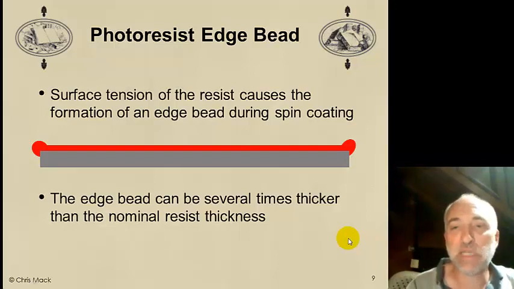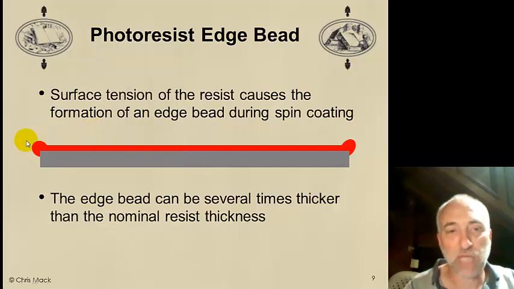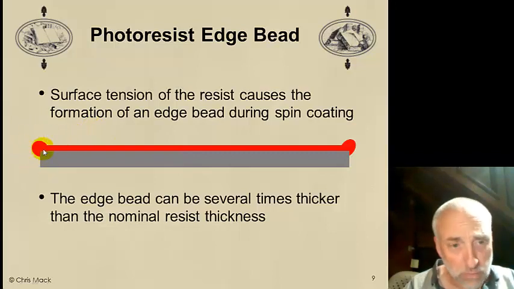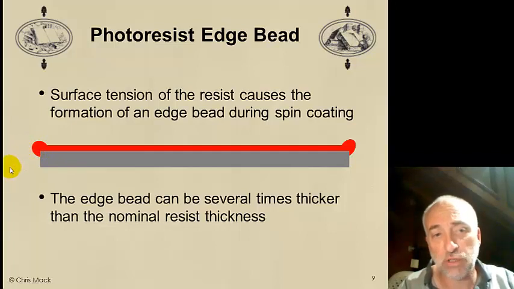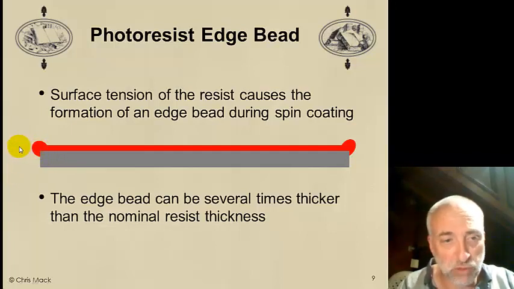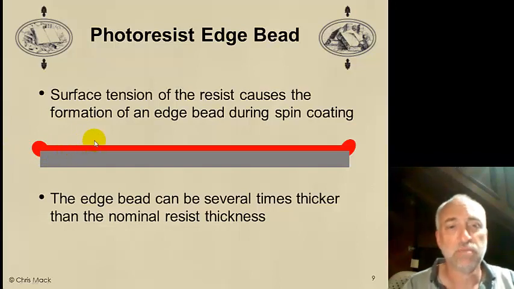And the reason we don't is because of this phenomenon called the edge bead. What is an edge bead? Well, think about the process of spin coating where I'm pushing the solvent off the edge and a drop then flies off.